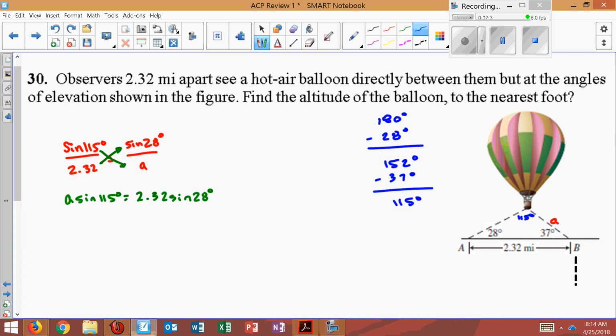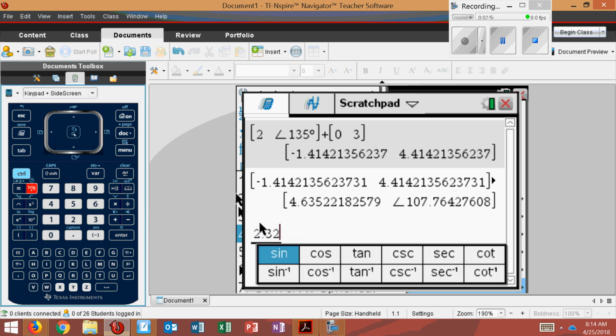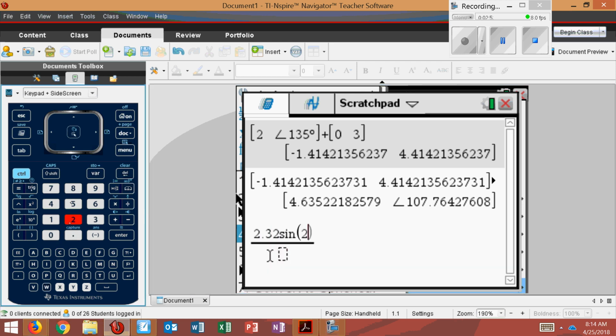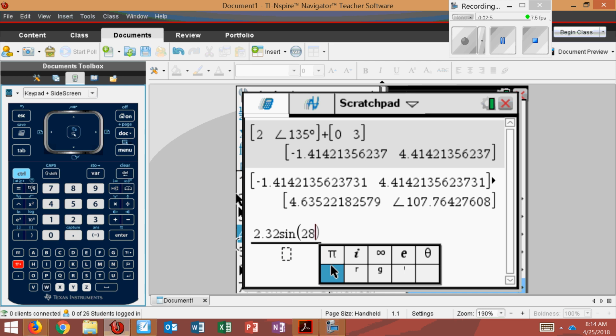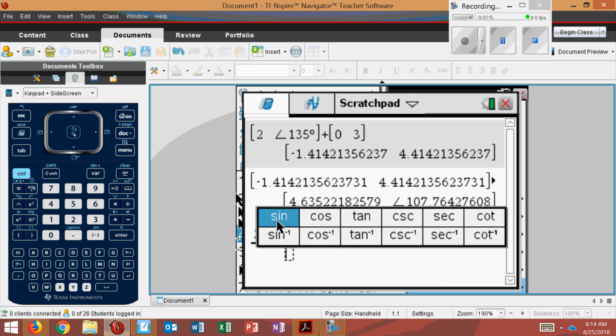And then after you cross multiply, you must also divide to get A by itself. So I divide by sine of 115 degrees. And so this is what I'm going to type in the calculator. 2.32 sine of 28 degrees is going to be divided by sine of 115 degrees.